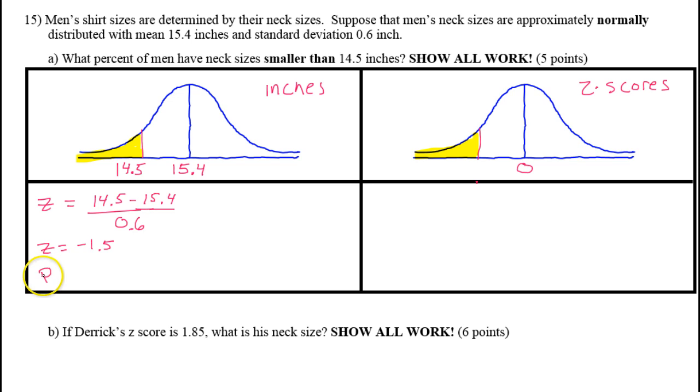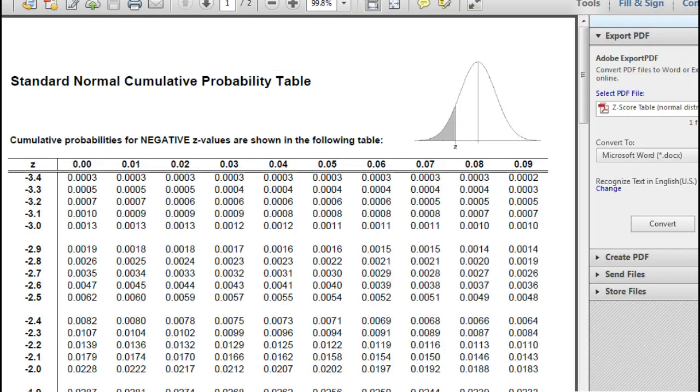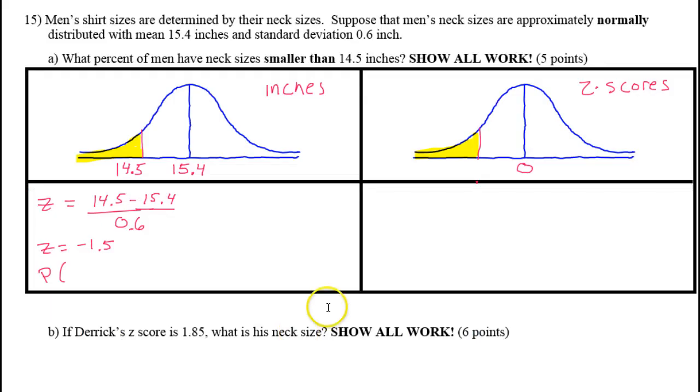Now I want to find the percentage of values that are less than 14.5. But I don't have a chart that's going to help me deal with inches. I can only deal in z-scores, so that's why I'm looking at this picture over here. I just found that the z-score that corresponds to this is negative 1.5.